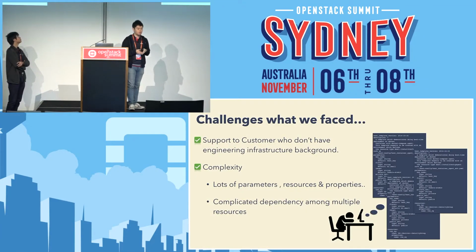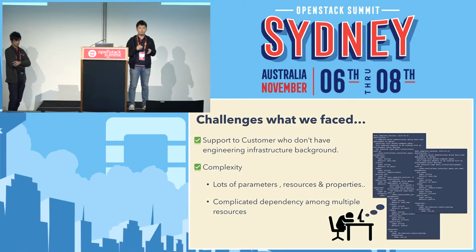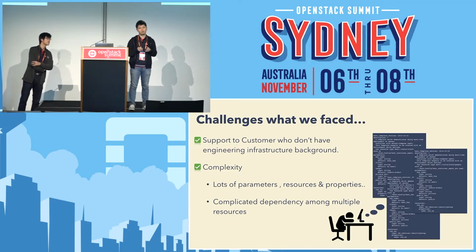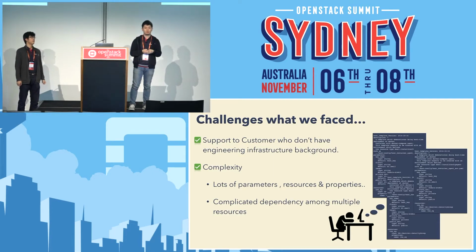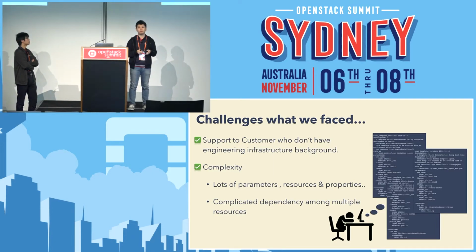What we faced is that, first of all, we are a public cloud service provider, and we have lots of kinds of customers, and a part of the customers don't have any technical background. So sometimes they complain that they cannot write the Heat template from scratch. Is there any sample template? But we cannot cover all types of templates customers want, right?